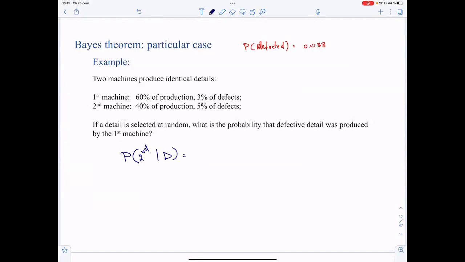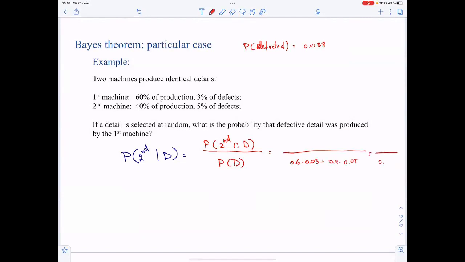Well, this may be estimated by the Bayesian formula. So it's going to be P(second machine intersected with defect) divided by the probability of a defective detail. I'm happy because we just estimated the probability of being defective. It was 0.6 times 0.03 plus 0.4 times 0.05, and we evaluated it, it is 0.038.